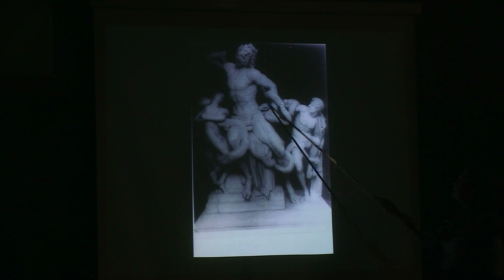The snakes are constricting them. The bodies are twisted and intertwined. There's no concern of a classical propriety or a classical calm here. Everything is very intense, very emotional, very theatrical, very dramatic.